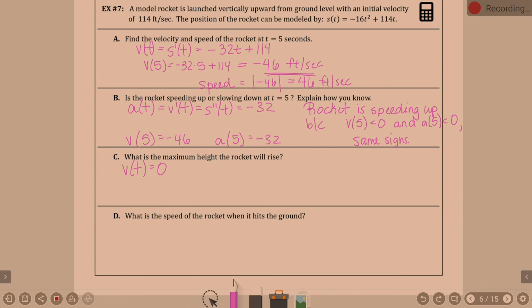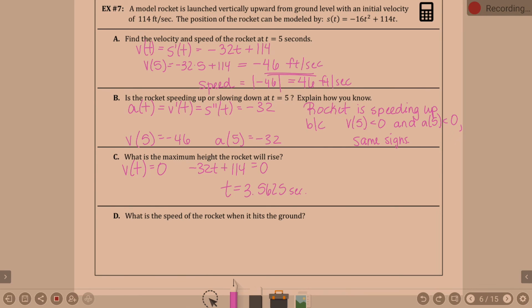When velocity is 0. So the velocity equation was negative 32t plus 114 equals 0. Solving, t equals 3.5625 seconds. You could do that math, right? If you grab your calculator. Now, am I done?